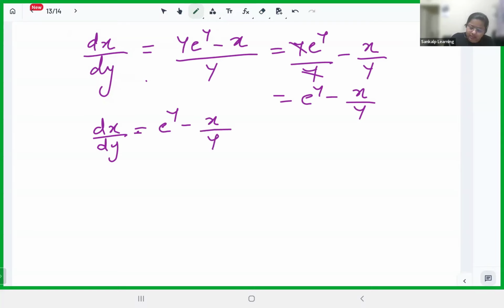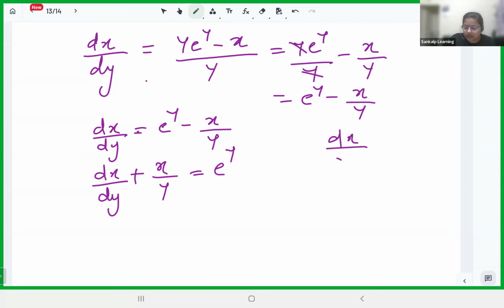Now after rearranging this, we'll get dx by dy plus x by y equal to e raised to y. Right. Now this is of the form dx by dy plus p into x equal to q, where p is a function in y.